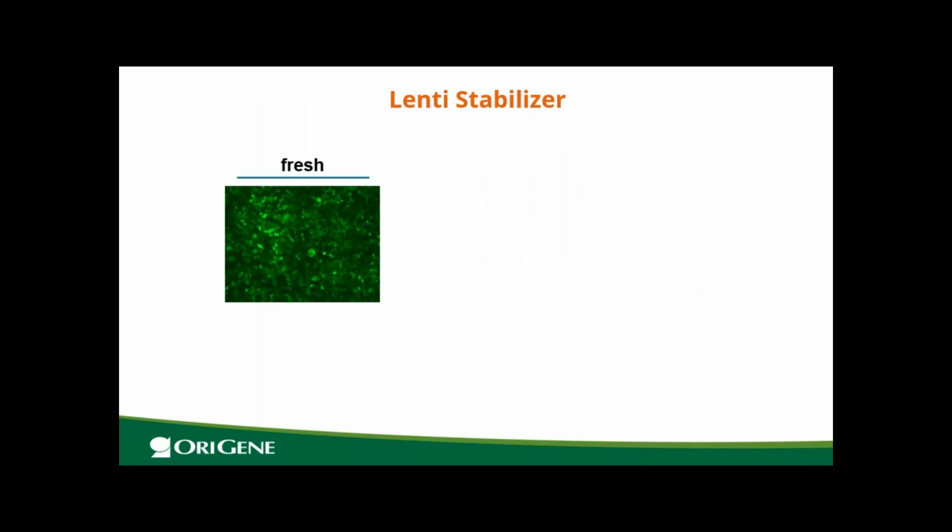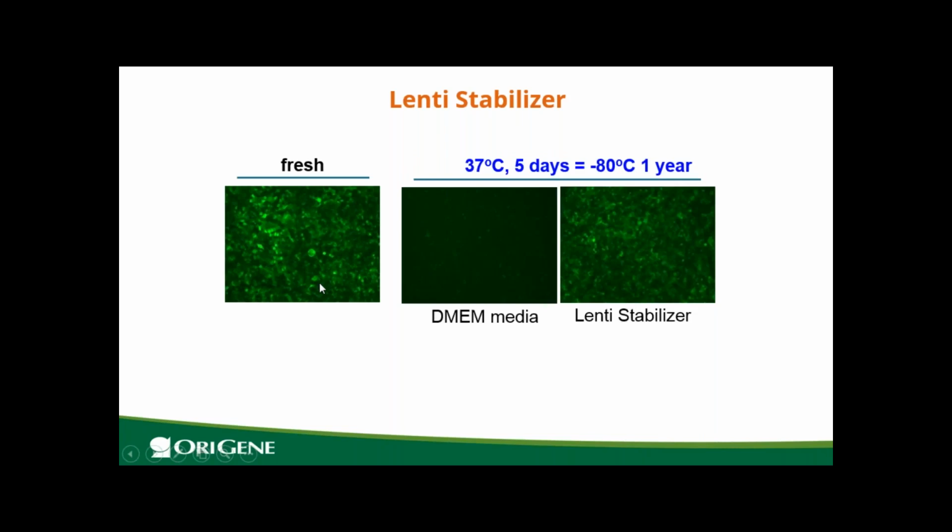So this is the lenti stabilizer, which can stabilize the virus during storage. This is a fresh GFP virus. And then when incubated at 37 for 5 days, which is equal to -80 for 1 year, in the typical lentivirus production media, the virus almost lost the infectivity.